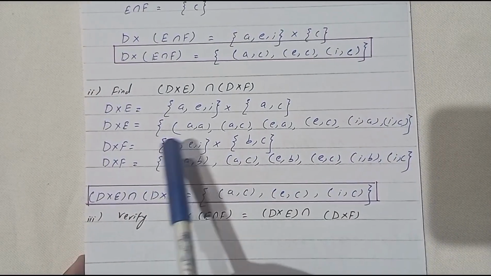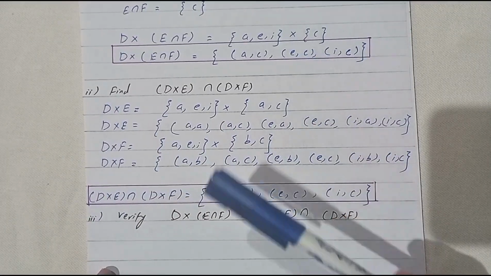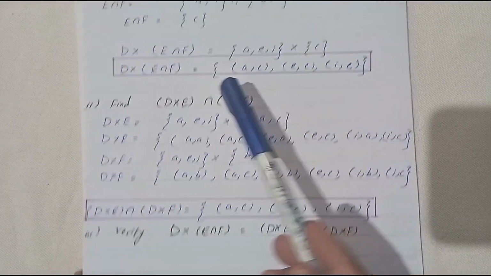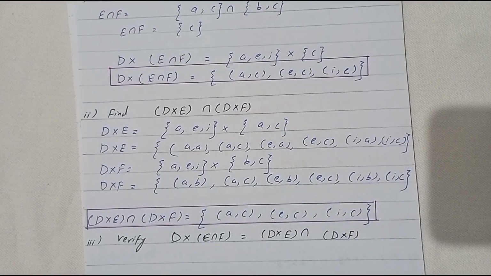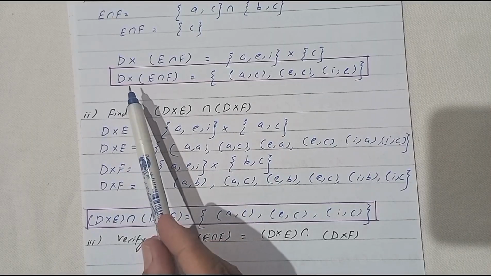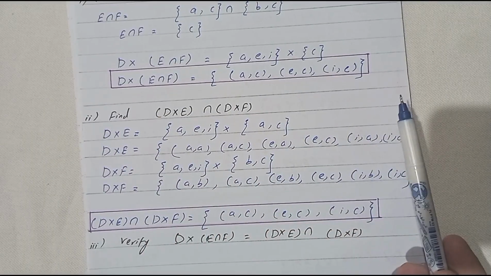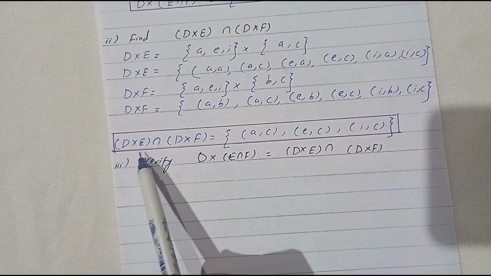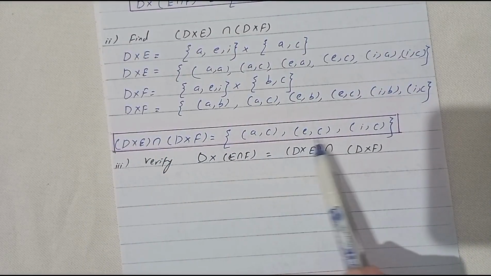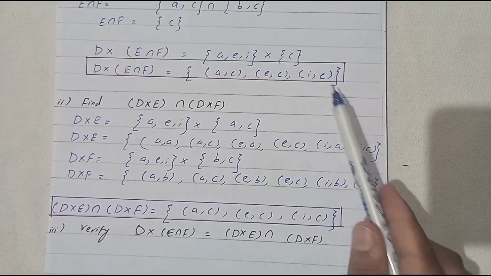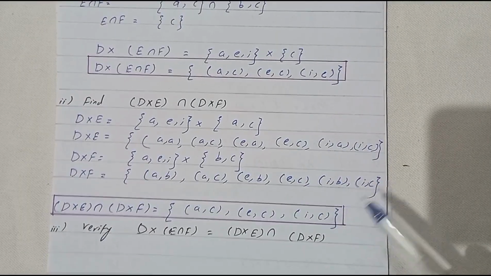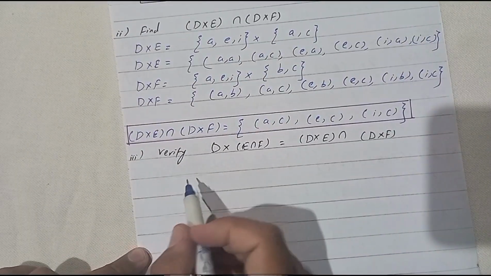As you can see, in the first part we found D cross E intersection F, so the elements are AC, EC and IC, and in the second part we found the intersection of cross products DE and DF, that also contains AC, EC and IC. So we can say from parts 1 and 2 we have already verified it.